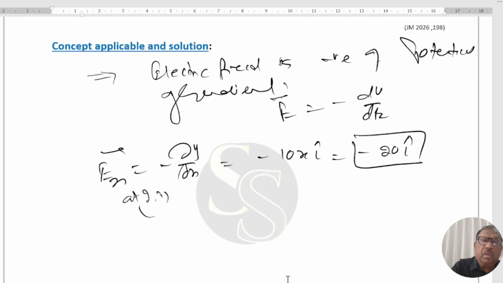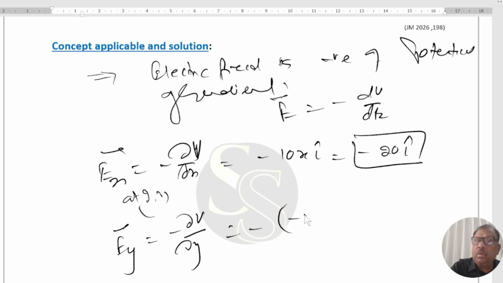Similarly Ey is minus dV by dy, so minus 10y j.